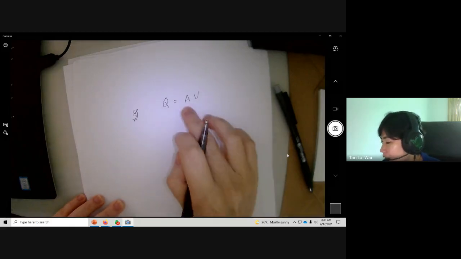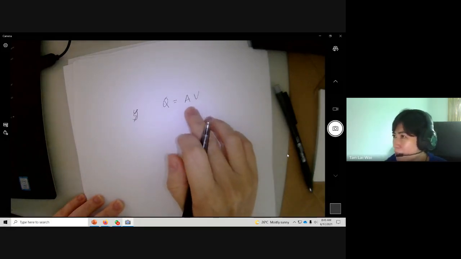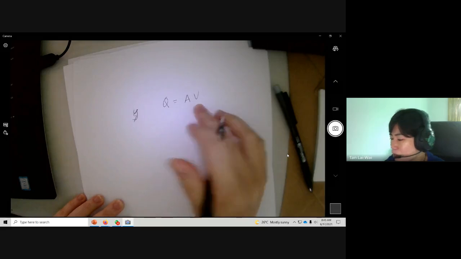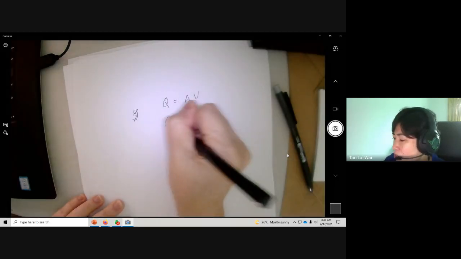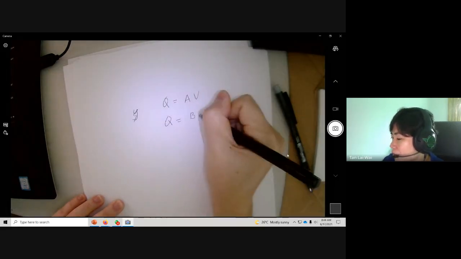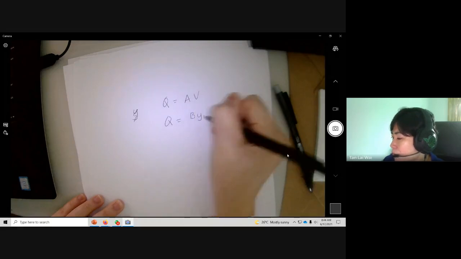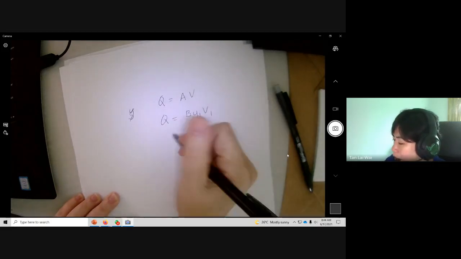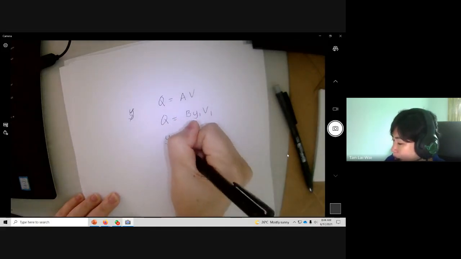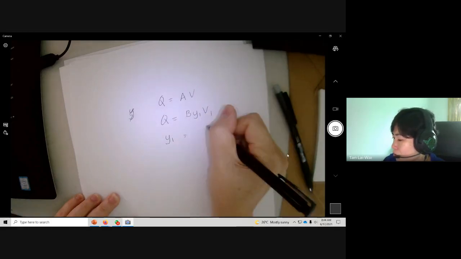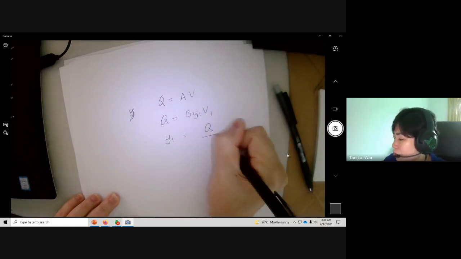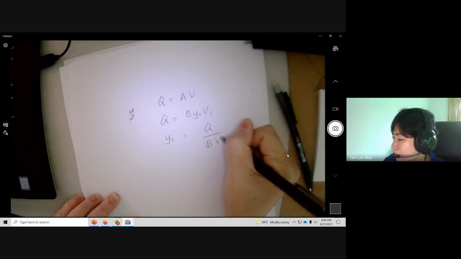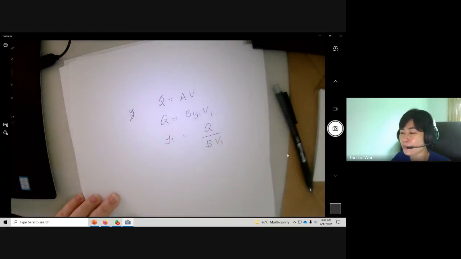Alright. Since I said let's assume our spillway to be rectangular, our Q would be, now this would be flow on a spillway, so I put Y1 V1. So how we are going to get Y1 is Q divided by B divided by V1.